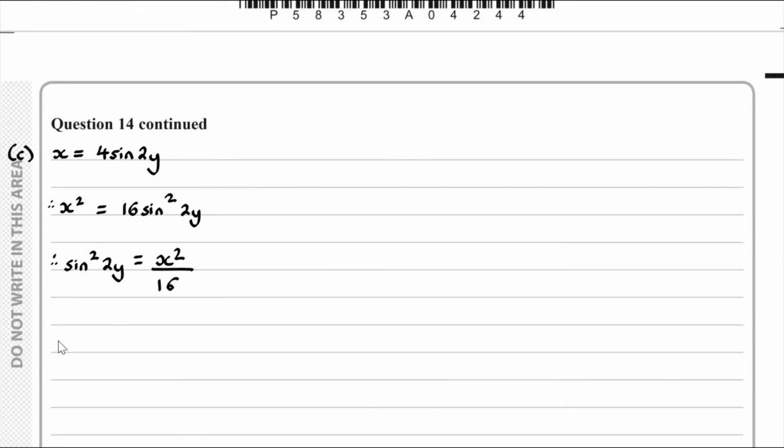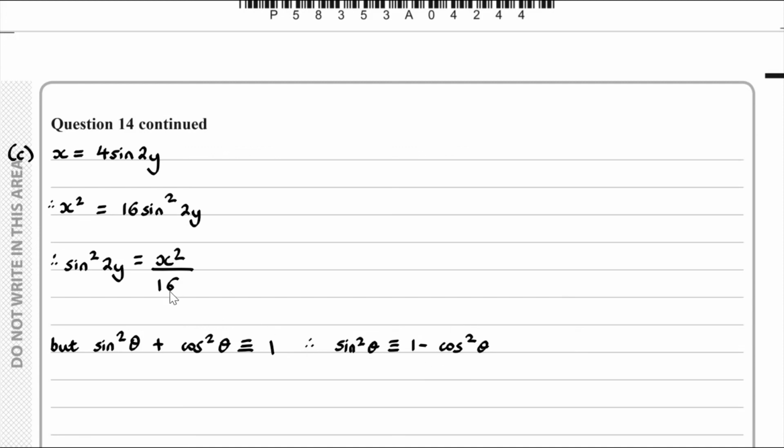And one of our known identities, we have sine squared theta plus cos squared theta being equivalent to 1. In other words, sine squared theta is equivalent to 1 minus cos squared theta.